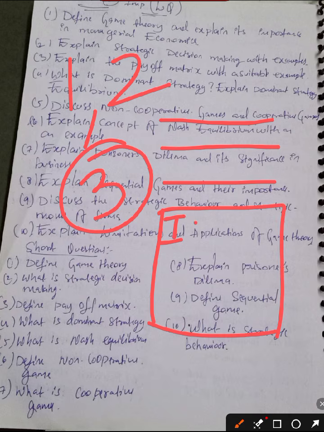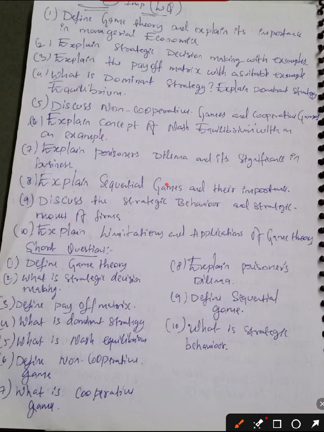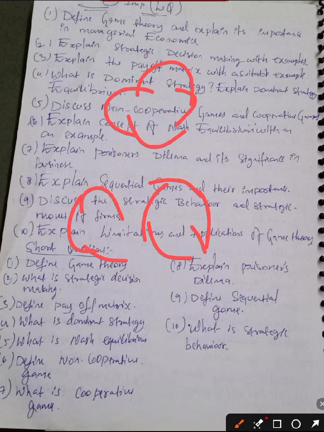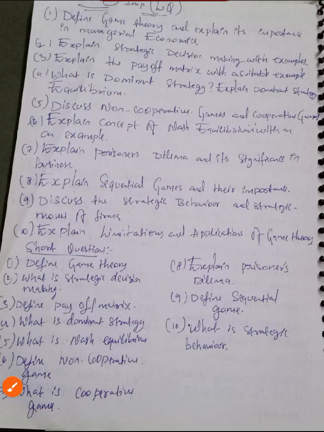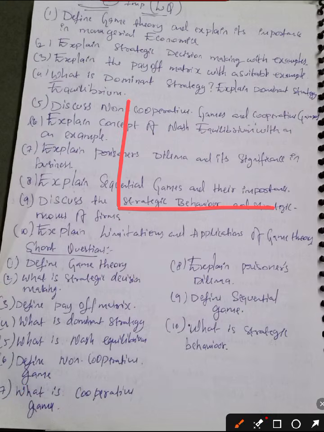The first part is the introduction. The second is the main part, or body, of the answer: importance, scope, nature, whatever it is. And last, the conclusion. If required, try to draw flow charts, mind maps, and also bar graphs.